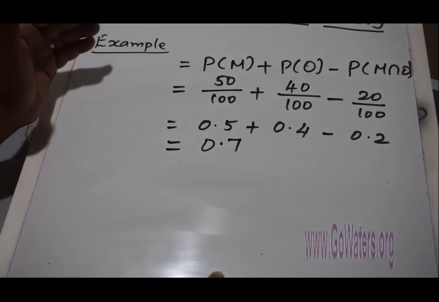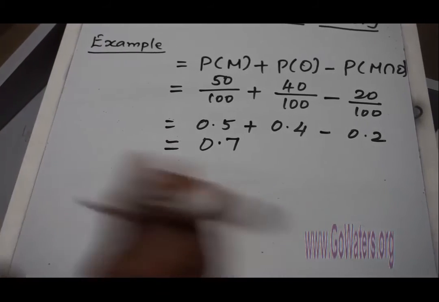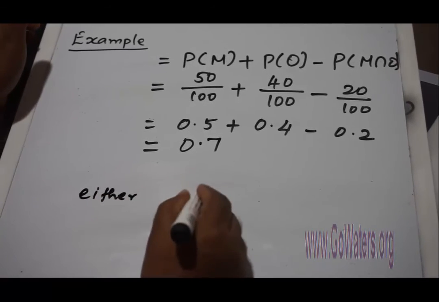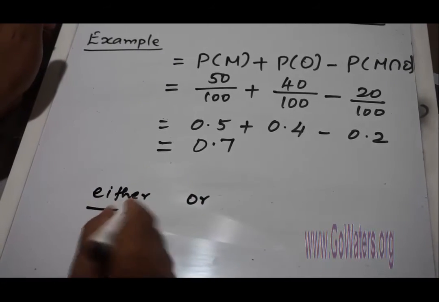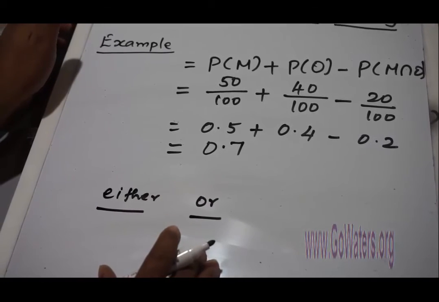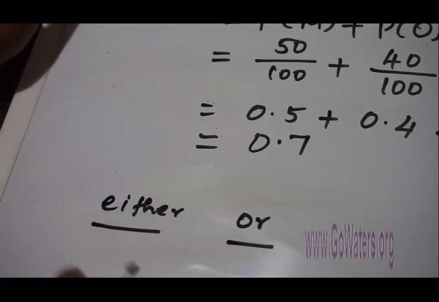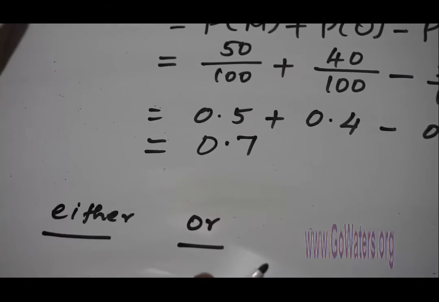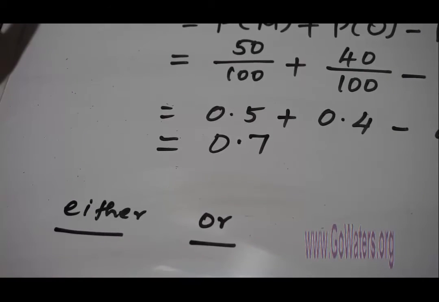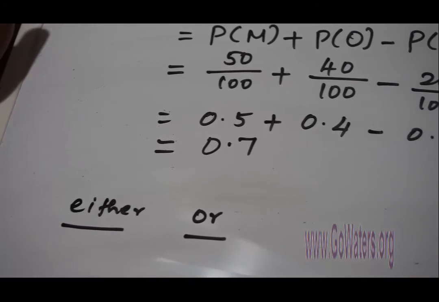So whenever a problem is given to you, always look for the words either or. Okay, so this is the clue word for whether a problem is an addition rule of probability problem: either or. And the next thing is that once it is an addition rule of probability problem, you have to answer the question: are the given events mutually exclusive or non-mutually exclusive?